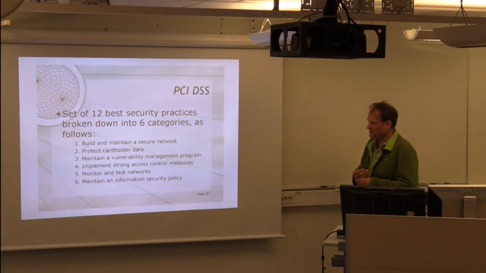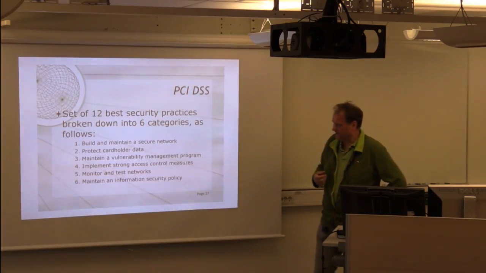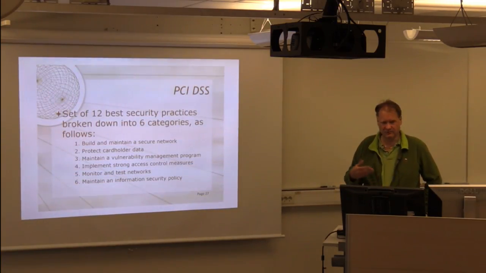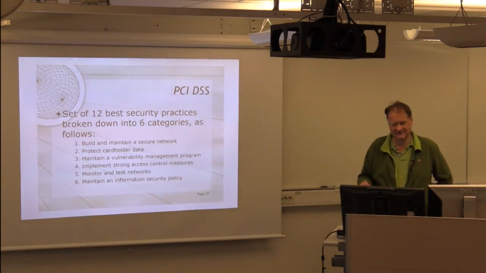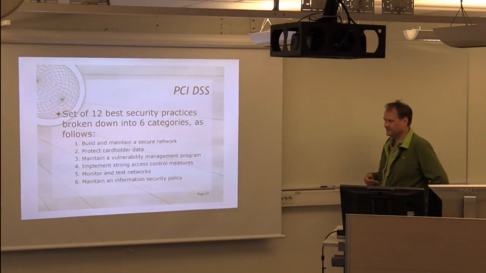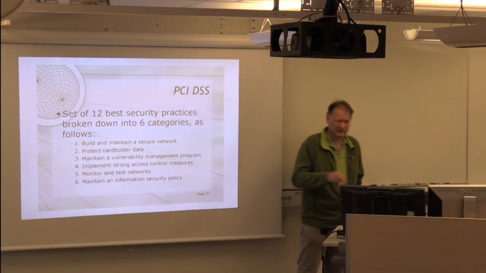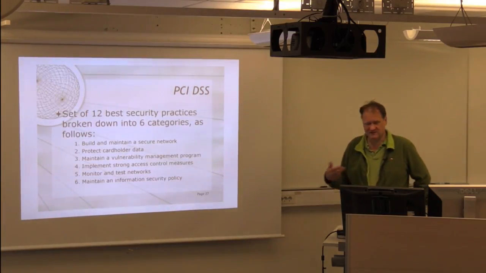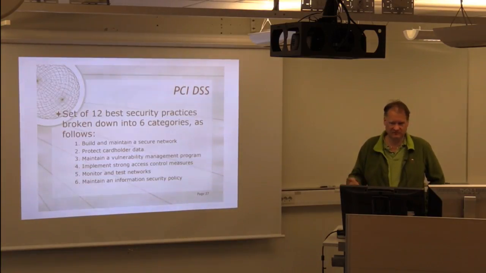As you see, we have these 6 categories that you need to live up to. You need to build and maintain a secure network, which for instance says that you need to have a firewall, and that firewall needs to be maintained and updated and implement some sound policy. You need to protect cardholder data. If you go into the details of that, it says that to protect them, you need to have access rights to access them, and the cardholder data needs to be encrypted whenever not in use and so on.